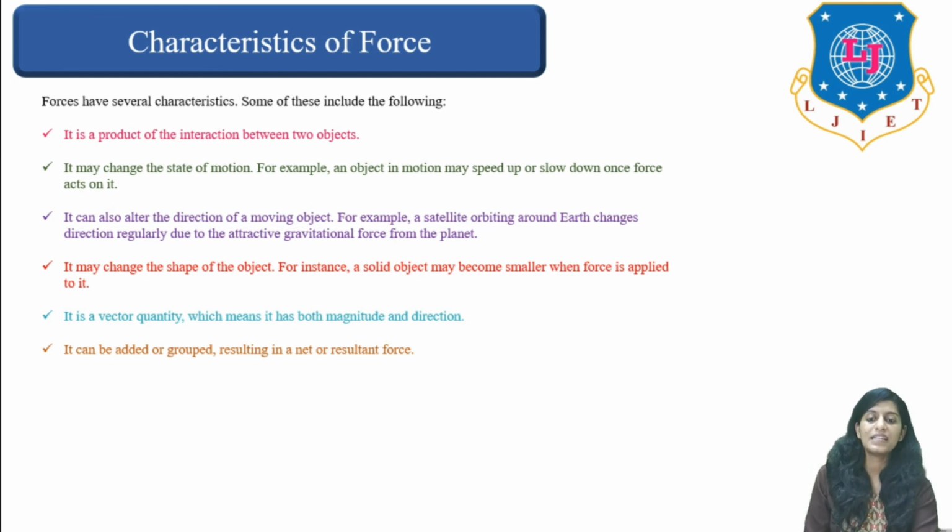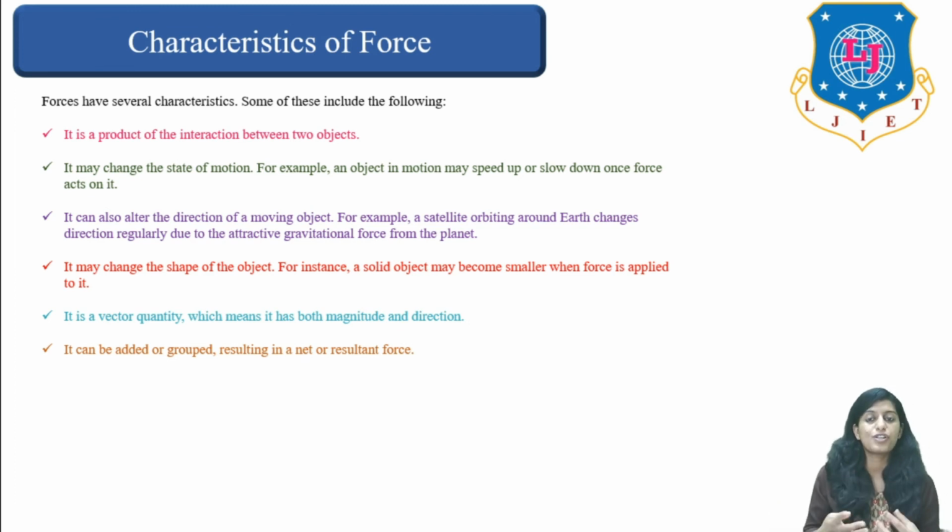Then we have seen characteristics of force. There are various characteristics of force which we have seen, right? Just like that, force is a product which is acting between two different objects. Force has potential to change motion of any object. Force has potential to change direction of moving objects.